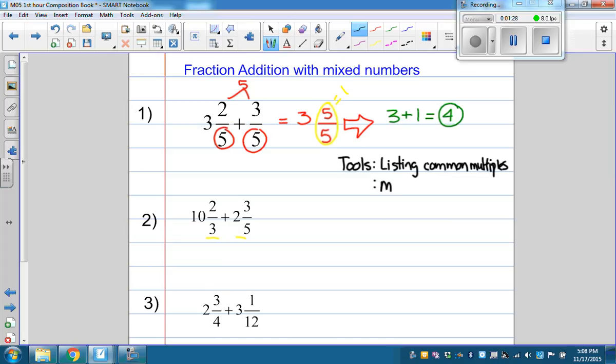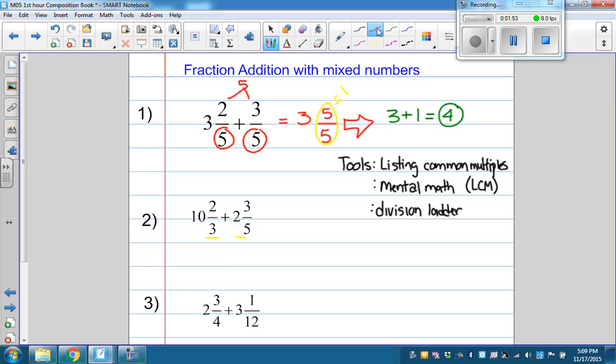Mental math, that's a good one. If you just know the common denominator, but you want to make sure you're going to get the least common multiple, so our numbers are nice and small, or the division ladder. I'm going to demonstrate each tool.